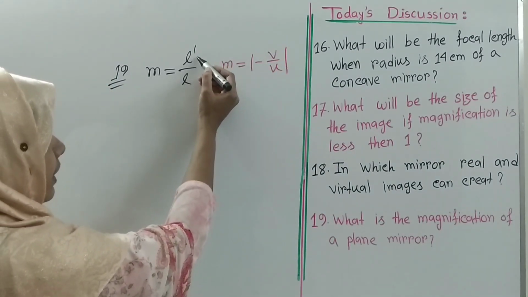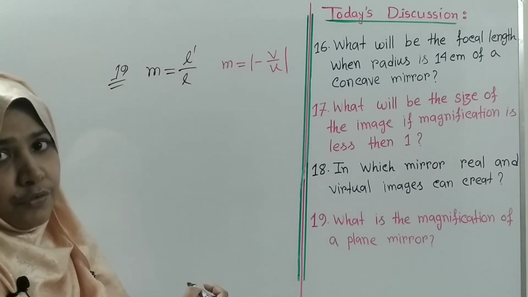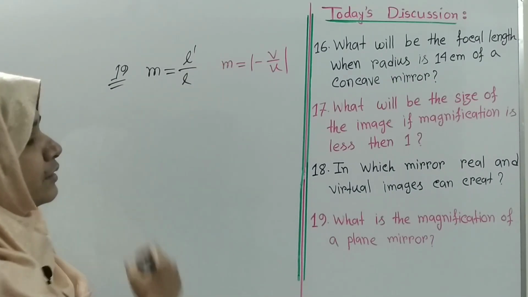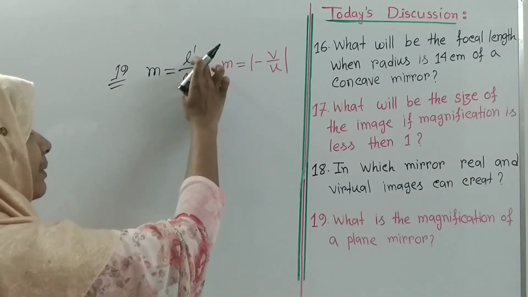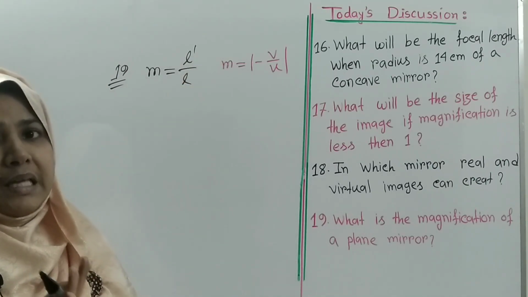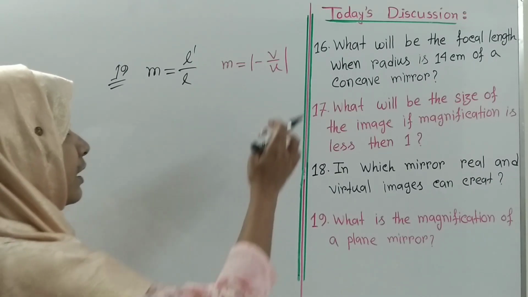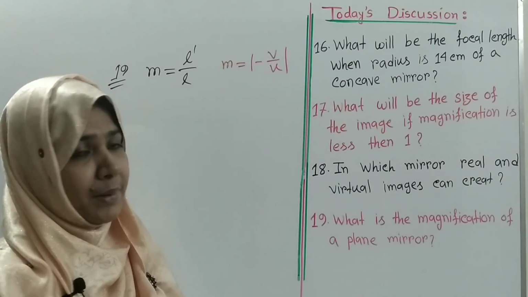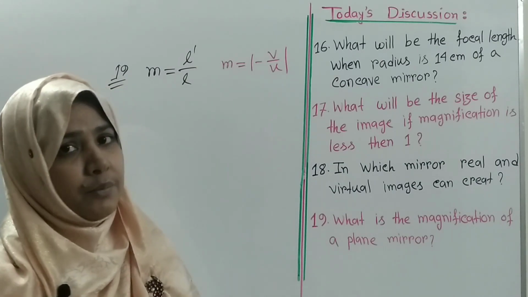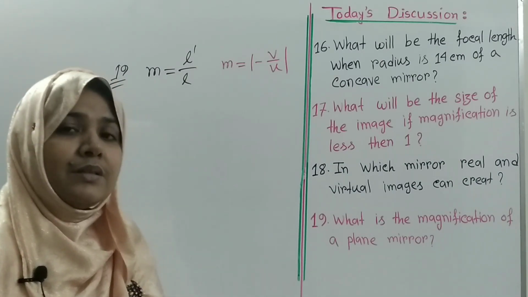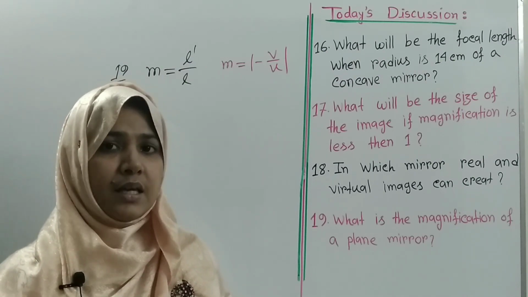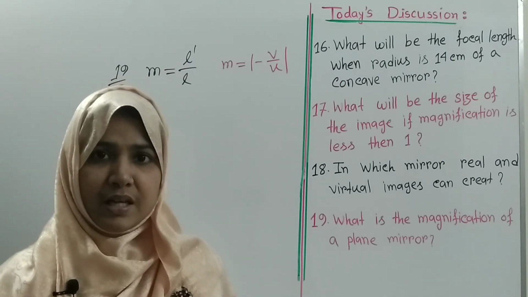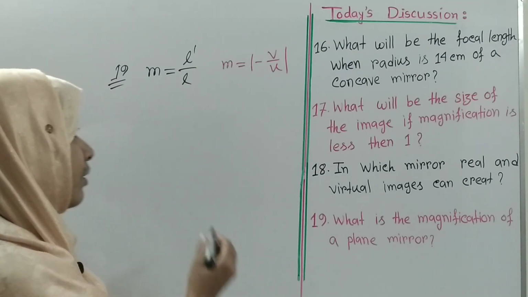Here L prime means the length of image and L is length of object, and in a plane mirror you know that the length of image and length of object remain the same. On the other hand, v is the distance of image and u is the distance of object, and in a plane mirror these two distances also remain the same. So, we can say that in case of a plane mirror the magnification will be 1 every time.